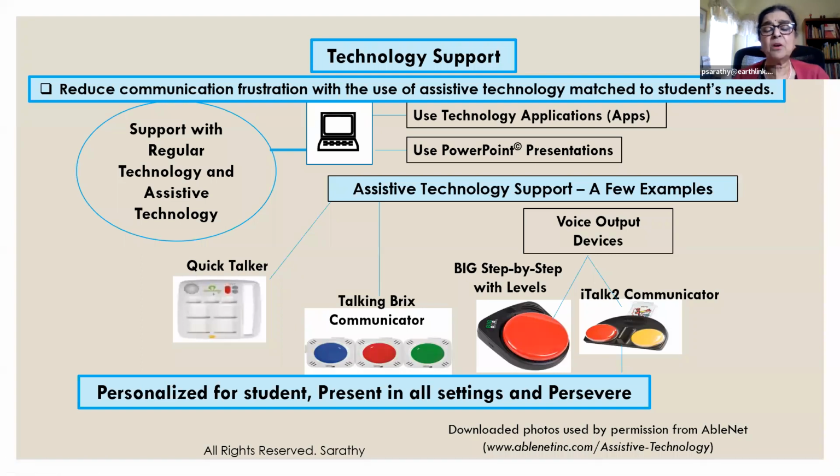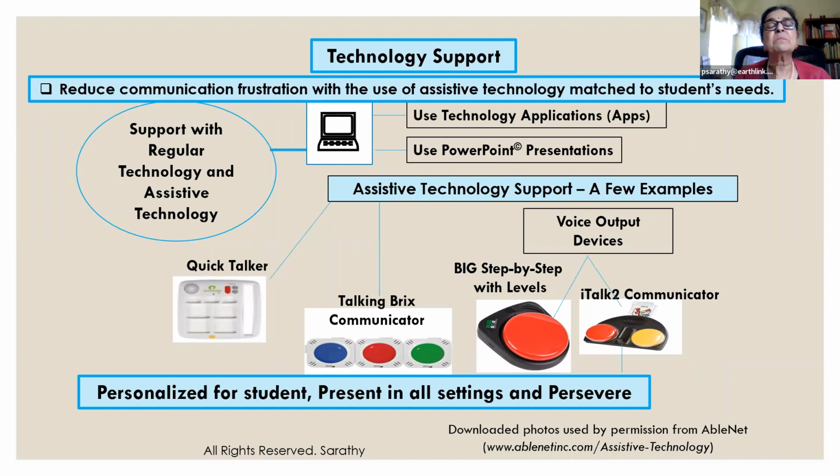One of the most important things I want to mention in terms of technology support is that we have to make sure it is personalized for the student. Sometimes we use complex devices that the student is not ready for, and the adult ends up moving the child's hand or finger through the device.